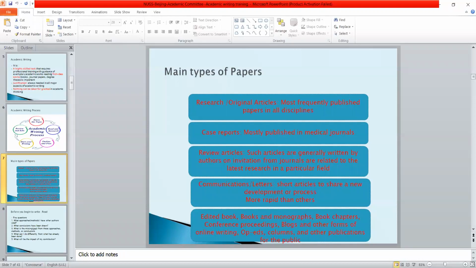Or somebody has written his book and then you want to edit it. So basically, these are the types of publications that always come to mind when we want to publish. Before you go into publishing, you must think of the type of publication that you want to do. It is very, very important.